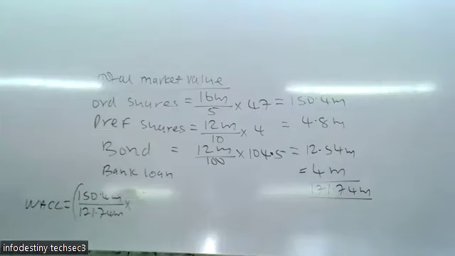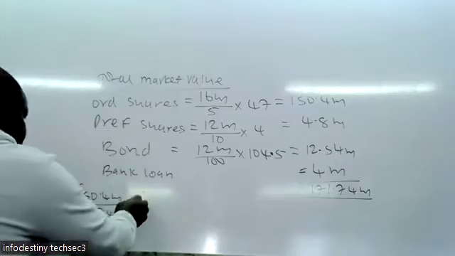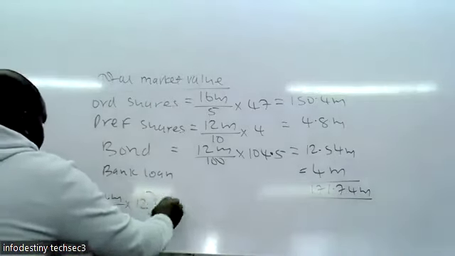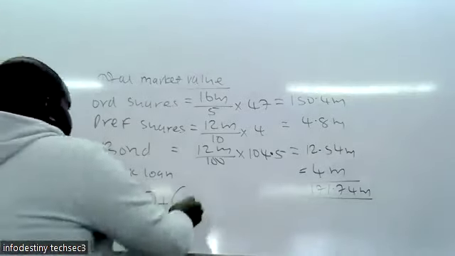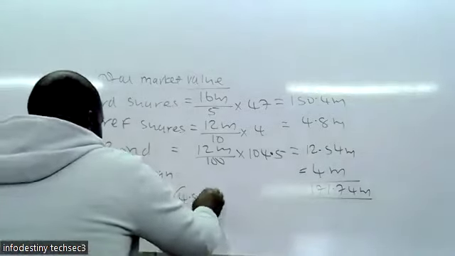So cost of the ordinary share, was it 12? If it's different, you let me know. For the preference share, it is 4.8 million.